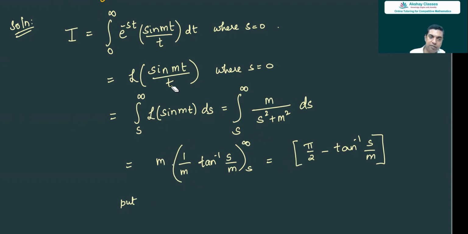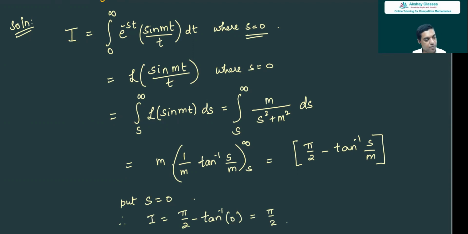So this m doesn't come here. Now put s equal to 0 because that's the original premise. So therefore, this integral is pi by 2 minus tan inverse 0, which is pi by 2. It is pi by 2. Okay. So this is how we use Laplace transform to find integrals also.